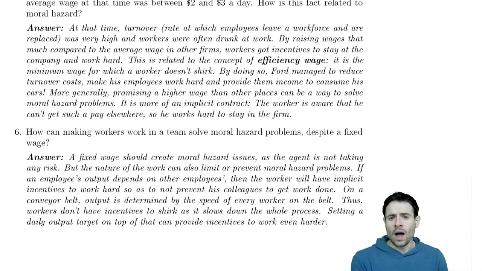Remember that a low ability worker doesn't want the employer to know that he is a low ability worker. He would like the employer to believe that he is a high ability worker. So a signal can be used to convey information which is not necessarily the one related to you. But for the signal to work, it has to be credible and costly to fake.